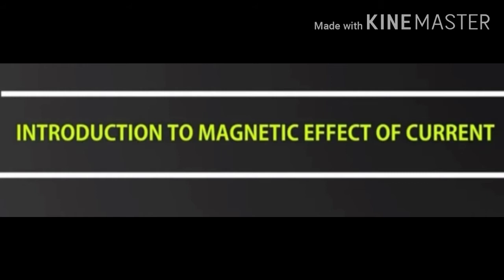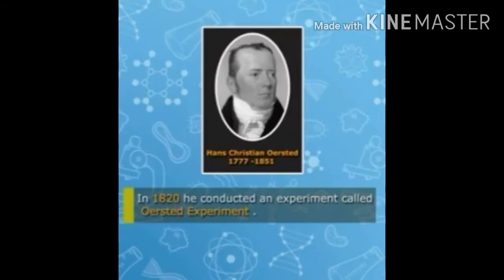And so after doing so many experiments, Hans Christian Oersted came in the end. Many scientists experimented, and at the end who proved that magnet and current both are interrelated? That is Hans Christian Oersted in the year 1820.